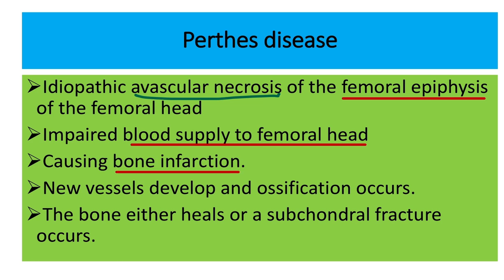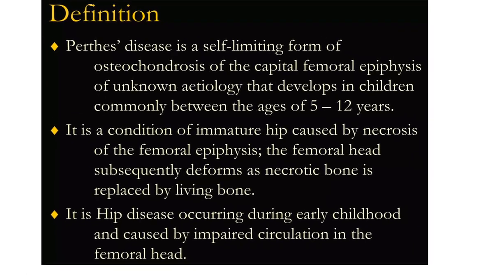Then new vessels develop, and ossification occurs again. The bone either heals or a subchondral fracture occurs. So spontaneously this bone may heal, and sometimes there may be development of a subchondral fracture. So this is Perthes disease.